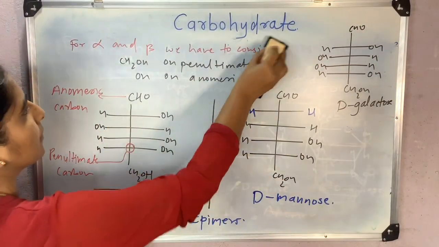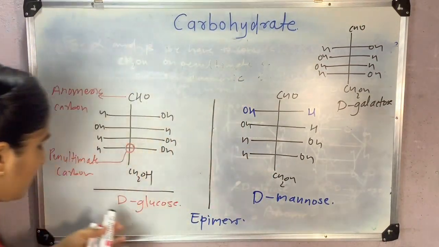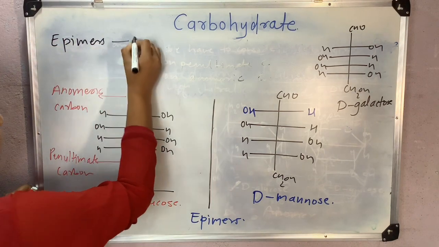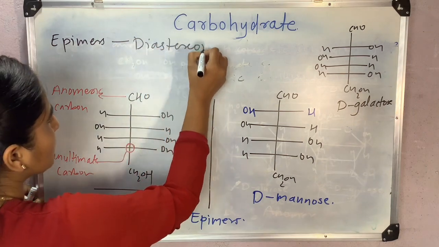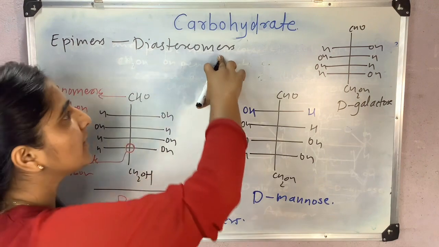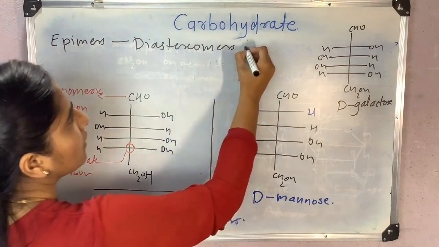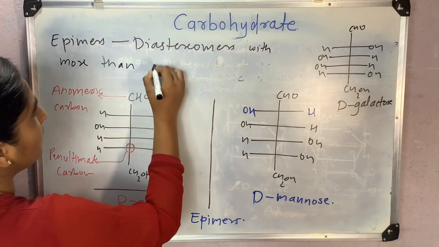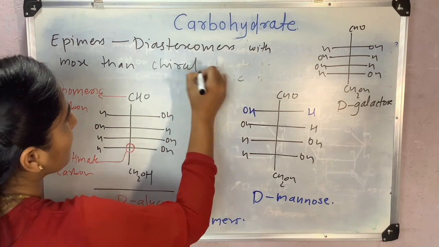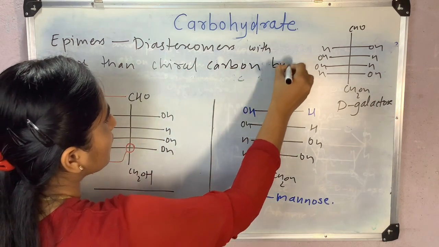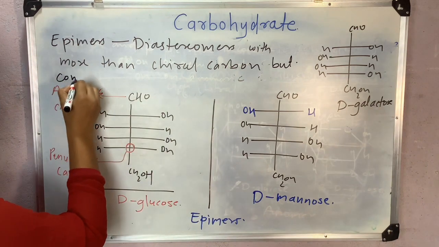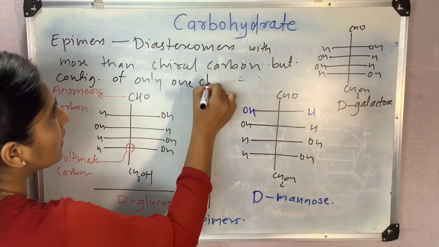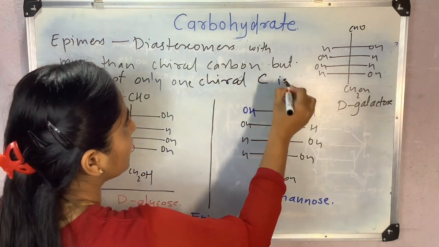Here I will write what are epimers. Epimers are diastereomers, meaning they are not mirror images of each other, with more than one chiral carbon, but the configuration of only one chiral carbon is different.